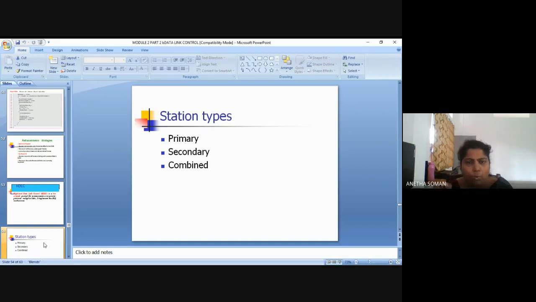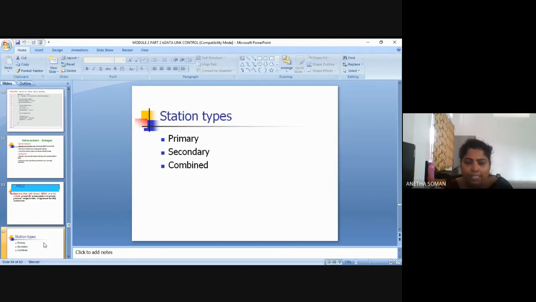The secondary station sends responses based on the command issued by the primary station. A combined station can both command as well as respond.